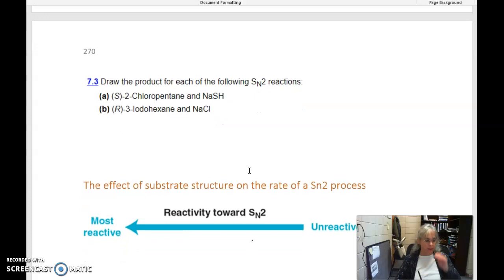So if we want to draw these products, I have to tell you the way I usually draw these is I draw them and then see which one I've drawn and then determine how I want to proceed.